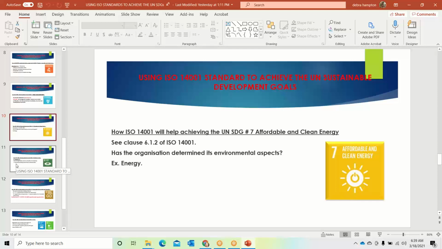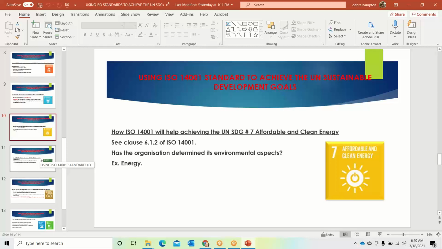So they need to carry out environmental aspect assessment. They need to equally determine the significance. How significant are they? They need to determine the significance of these environmental aspects.